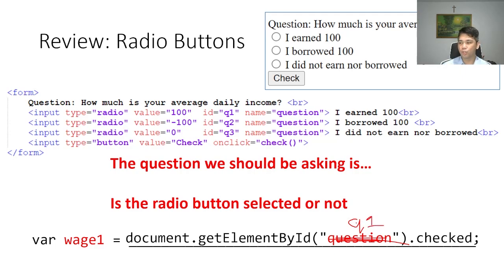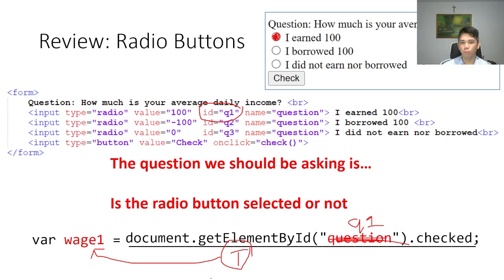If the ID is Q1, we are talking about this radio button. Now, if I will select Q1, or sorry, the first one, which is Q1, this line of code will return a true value, meaning the value of this variable wage1 is true.